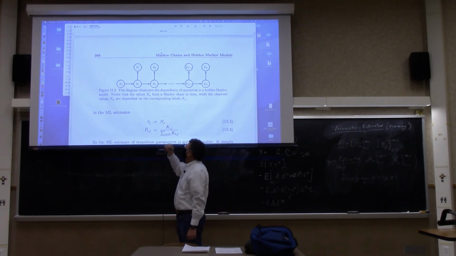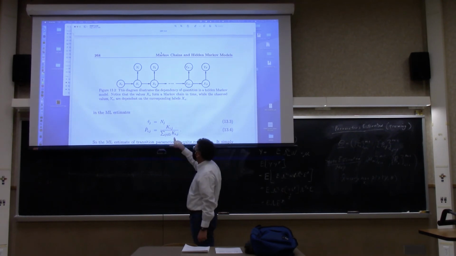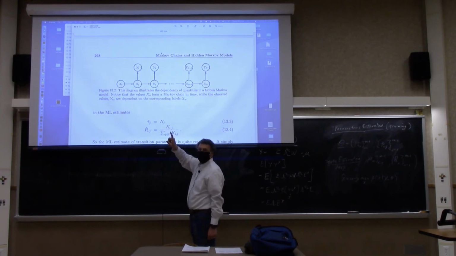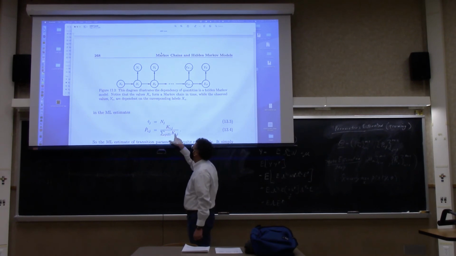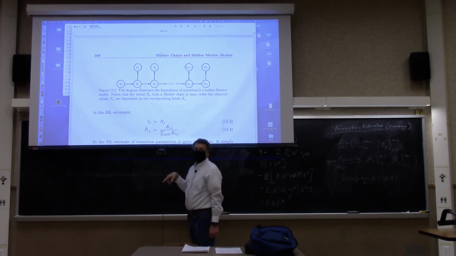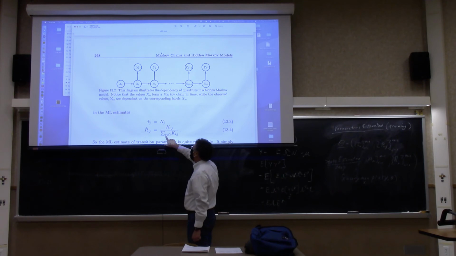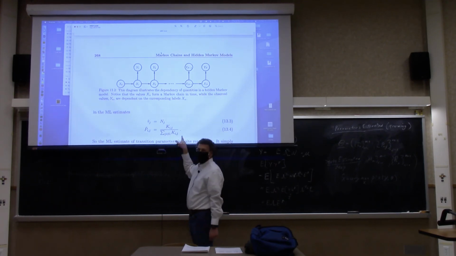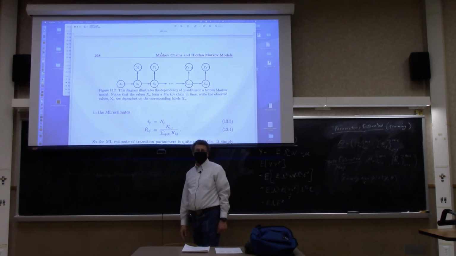The maximum likelihood estimate p_ij is just, you take the k's and normalize them so they sum to 1 over the index j. So for each i, you divide by the k sum over j. If I really wanted to be picky here, this j maybe should be another letter, but I use the j there because I think it causes less confusion.